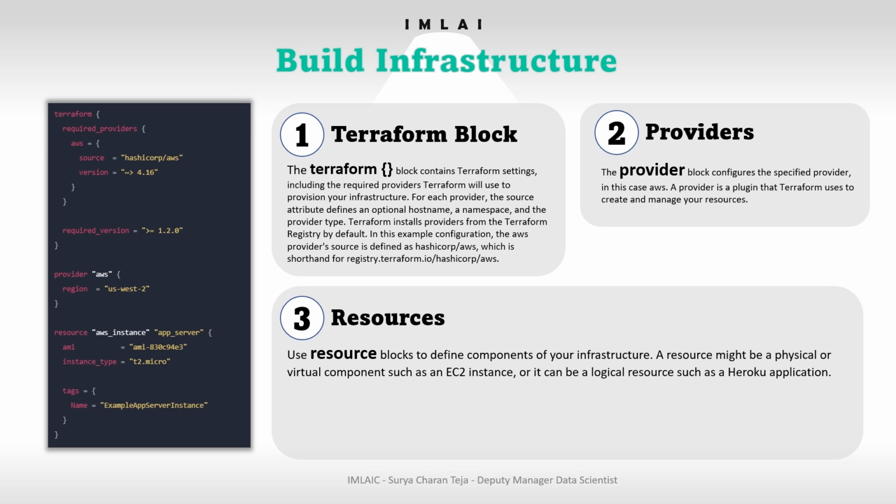Provider references list the required and optional arguments for each resource. For your EC2 instance, the example configuration sets the AMI ID to an Ubuntu image, and the instance type to t2.micro, which qualifies for AWS free tier. It also sets a tag to give the instance a name.